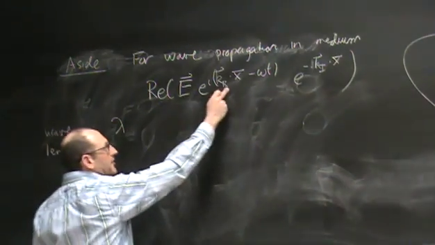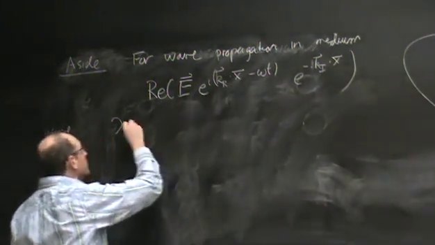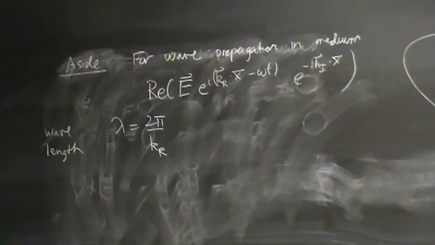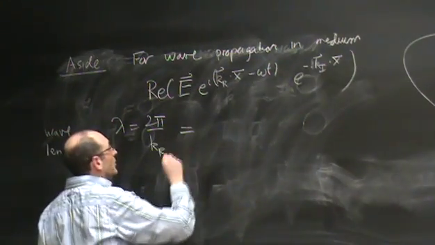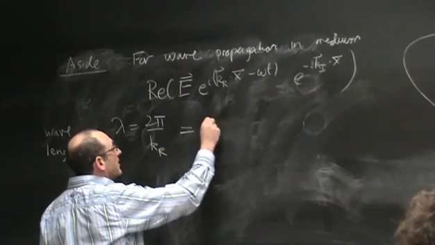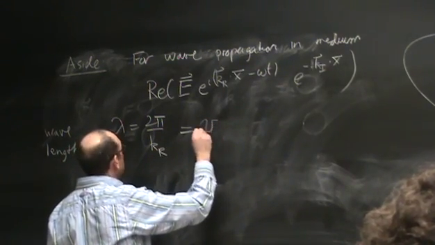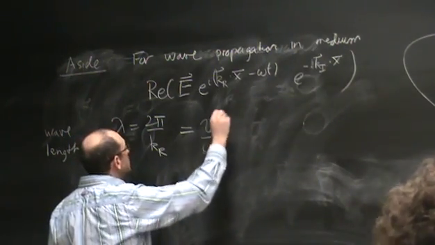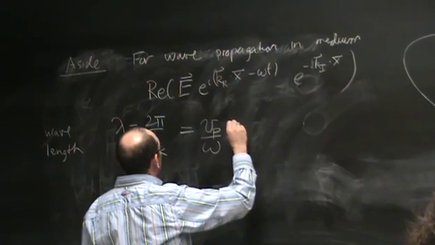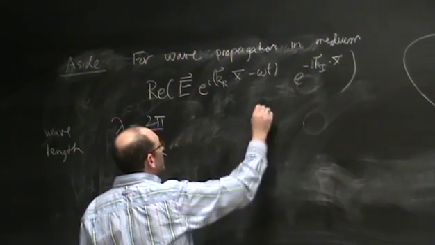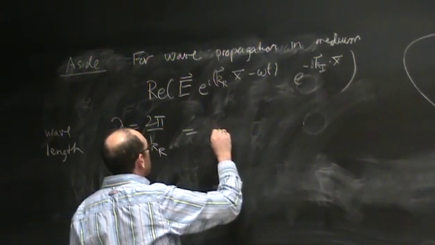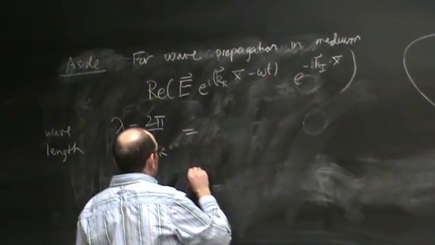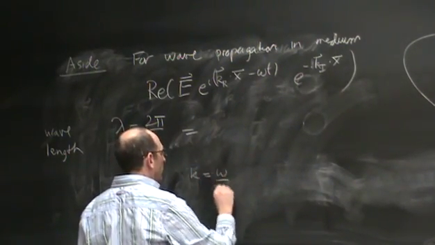Well, the wavelength depends on the period inside the medium. It's 2 pi over the real part of this, which is equal to the phase velocity over omega. What am I saying? Yeah, k is equal to omega over the phase velocity, right?